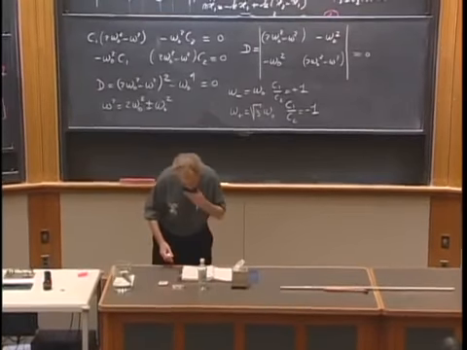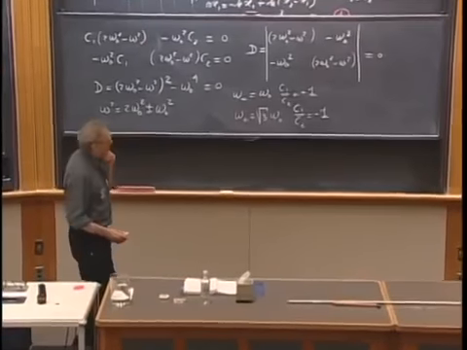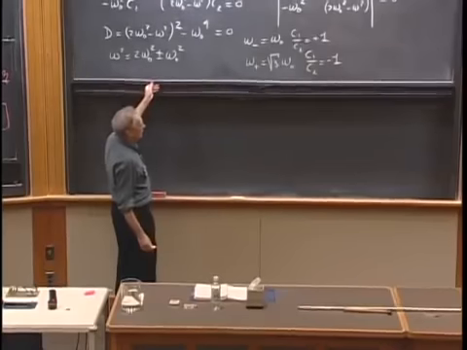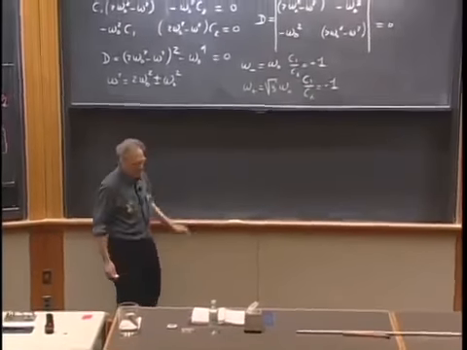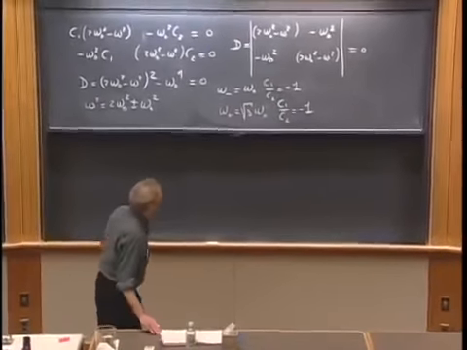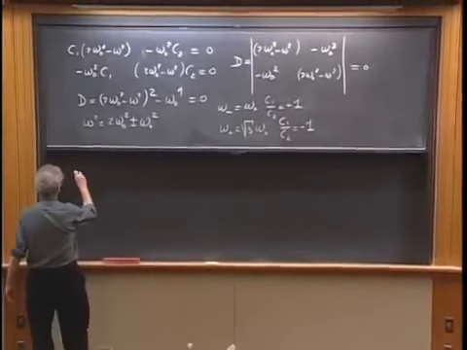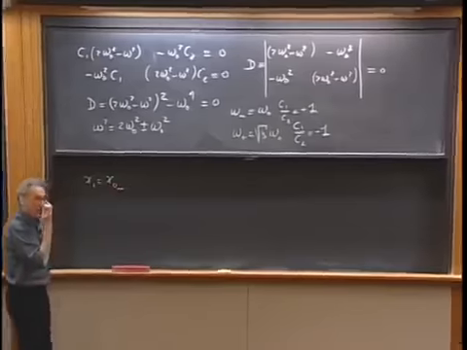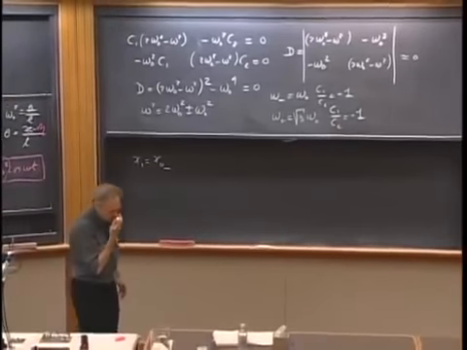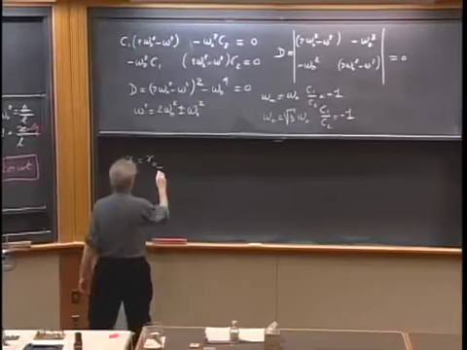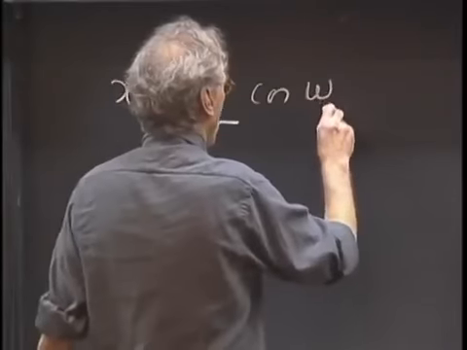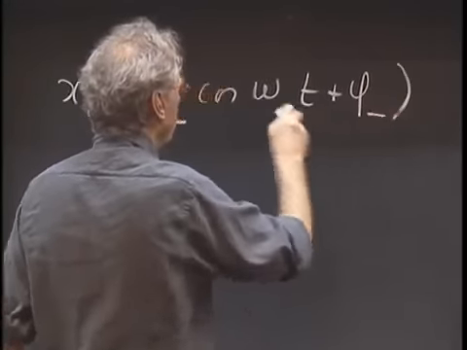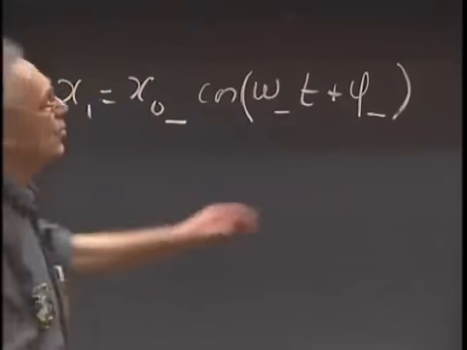So the general solution now for a given initial condition: if now I give you the initial condition, then the general solution for x1 would be x0 minus, the minus makes reference to that lowest frequency, times the cosine omega minus t plus some phase angle minus. All these minus signs make reference to this mode.